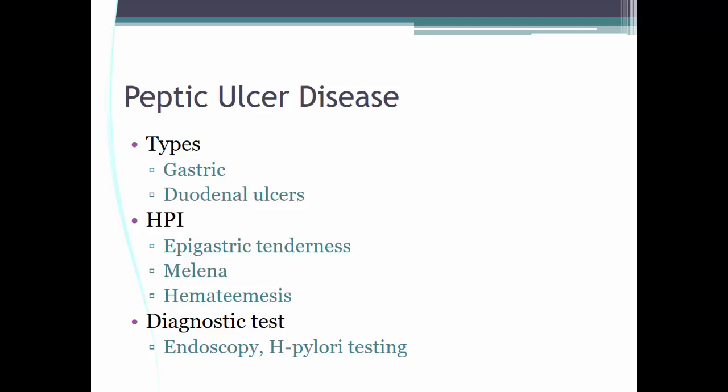Diagnosis, of course, is by clinical endoscopy, and also you could do serum gastrin levels. Other manifestations and complications basically are perforation and of course GI bleed. That could include hematemesis, which is bright red blood vomiting, and melena, which could also be related to the upper GI tract, but it is already digested by the pH of the stomach.